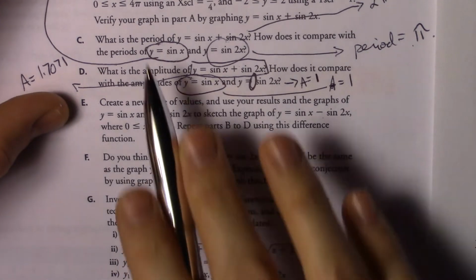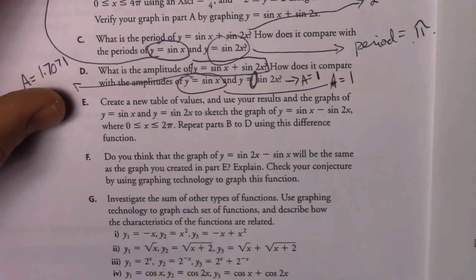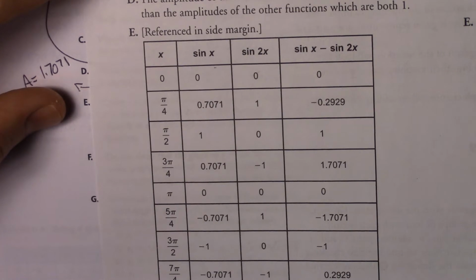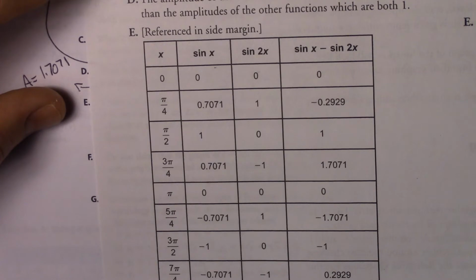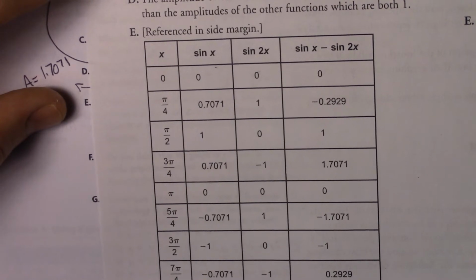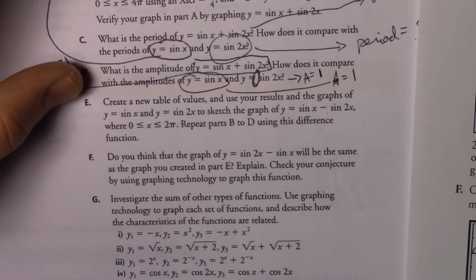So F, we're supposed to repeat all of them. So we did that. We looked at the period. The period is the same as one of them, but double the other. The amplitude is above both of them. So the exact same results.